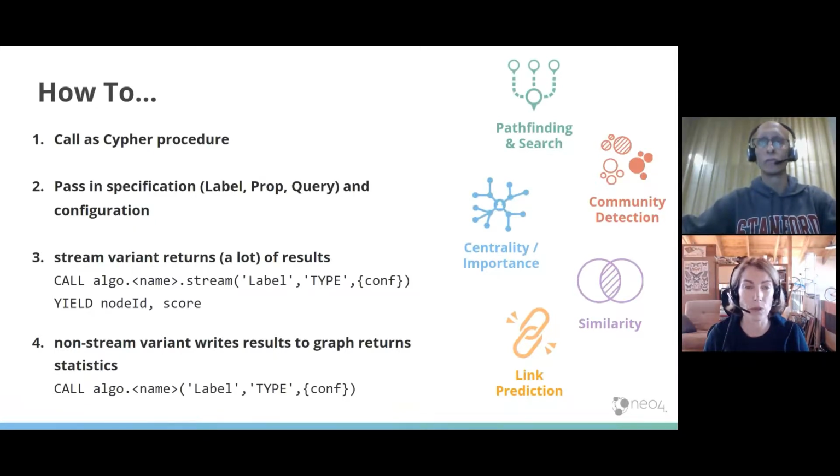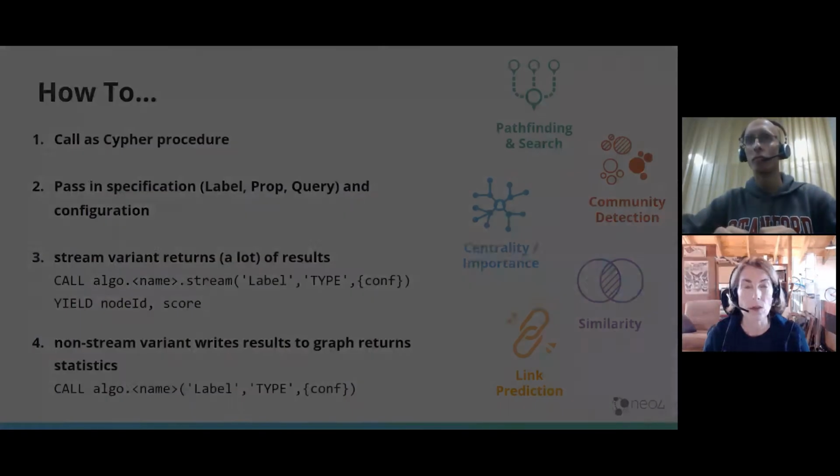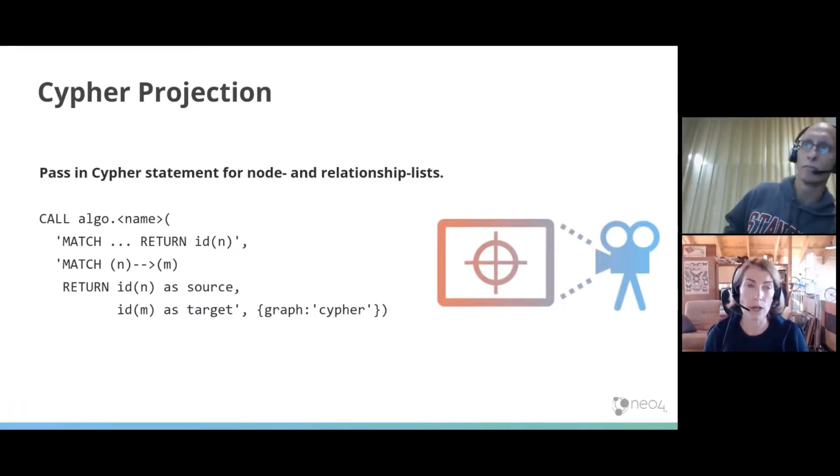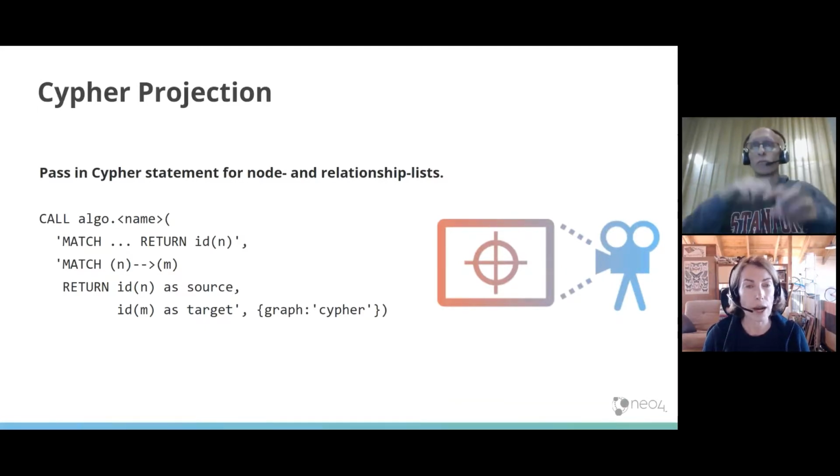So Cypher projections, this is a really powerful way of working with graphs and algorithms. It basically lets you pass through a Cypher statement to match specific nodes and relationships and get the graph in the shape you need.